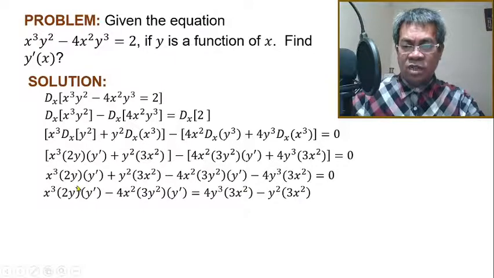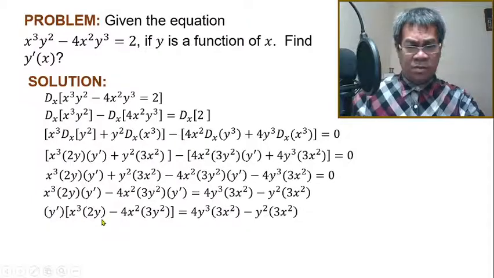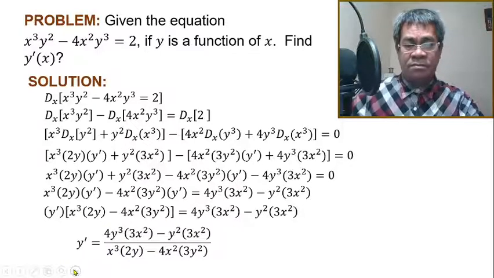We have only 2 terms that have y prime. Then take the common factor y prime outside. Then we have the grouping symbol. So we have x cubed 2y minus 4y squared x squared, equal to this one. Then divide both sides by this value to solve for y prime.